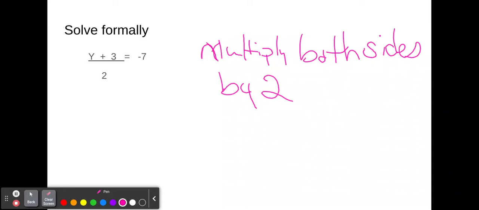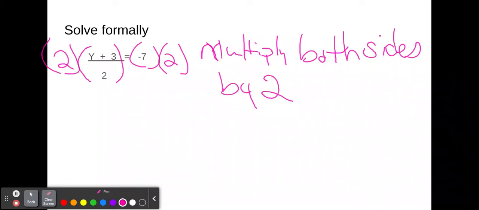So step 1, we're going to multiply both sides by the 2. So I can put parentheses around that to show my multiplication. This 2 is going to take care of this 2.